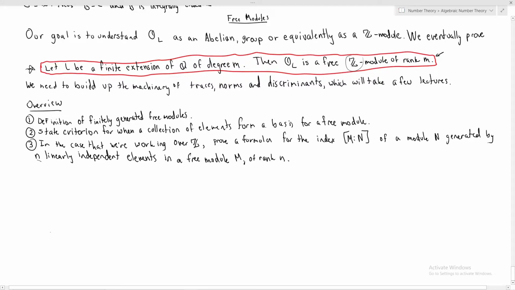So let's go ahead and start with the definition. This is 16.1, Definition.